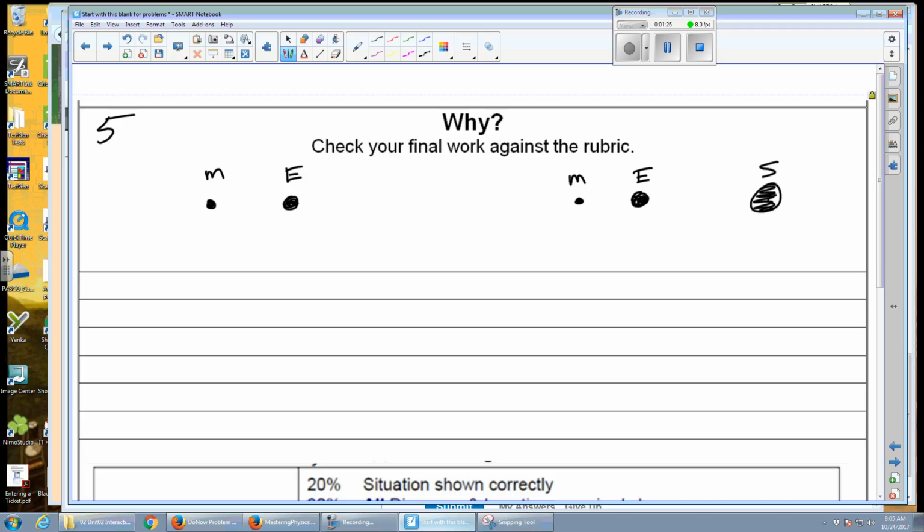Alright? And then let's see. I'm going to use, we'd have this, which would be the radius of the Earth to the moon. I'm going to guess my center of mass is here.